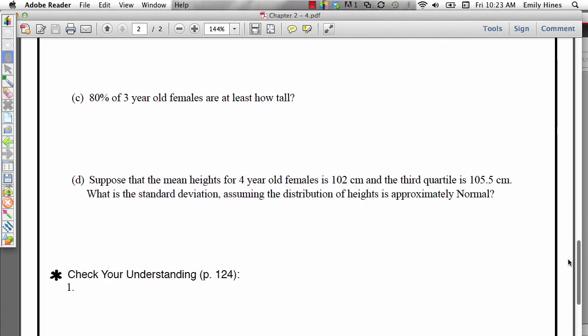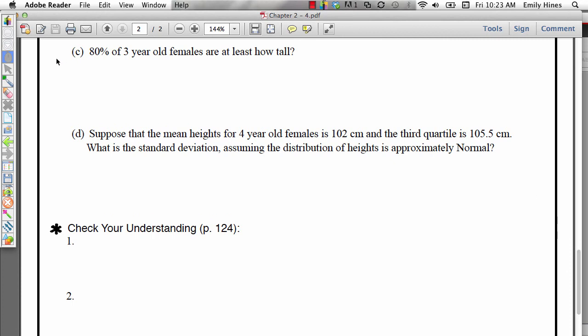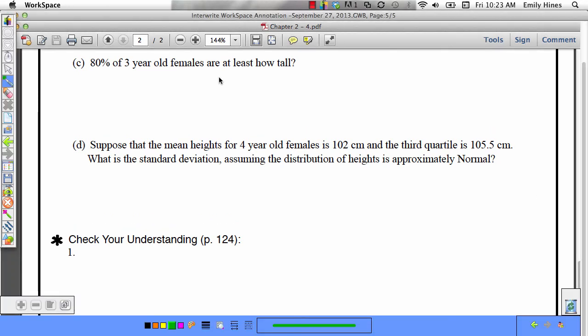Hopefully for C, you got 97.87 centimeters. So we would say that 80% of 3-year-old females are at least 97.87 centimeters tall.